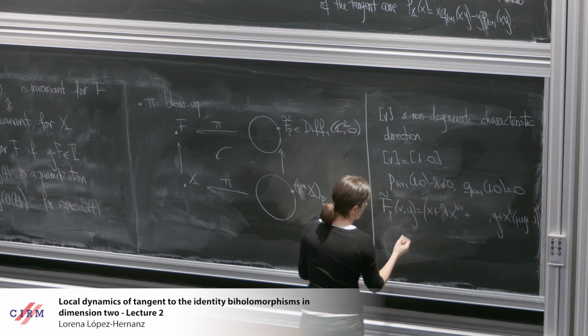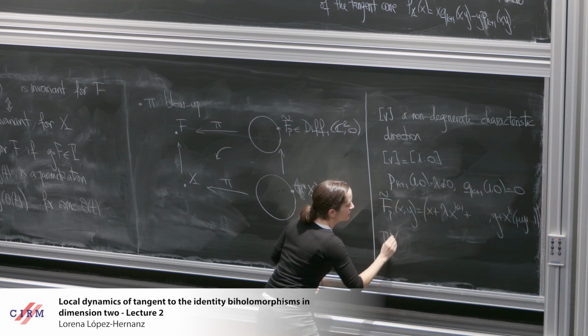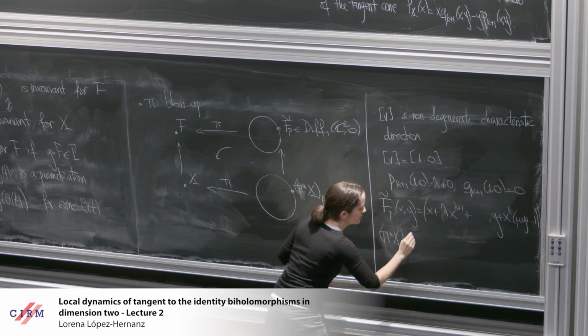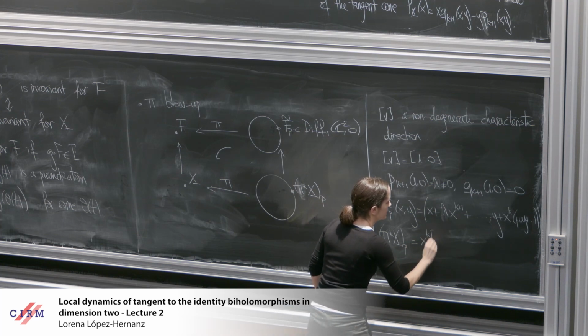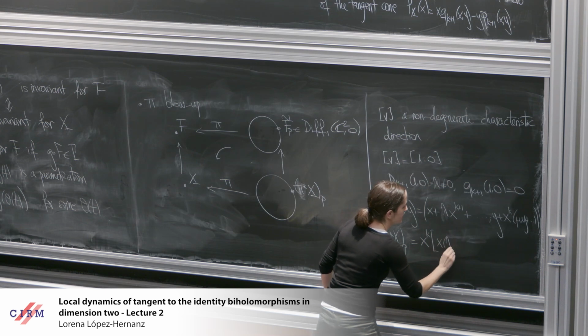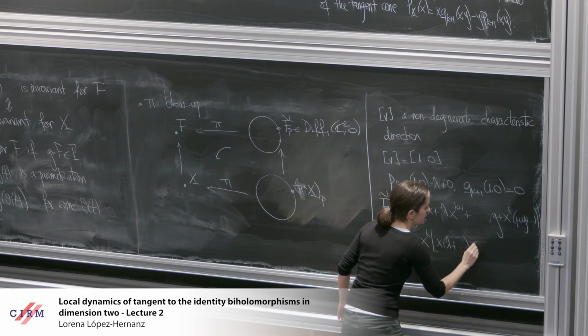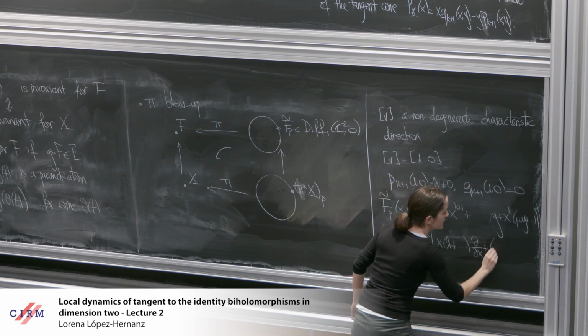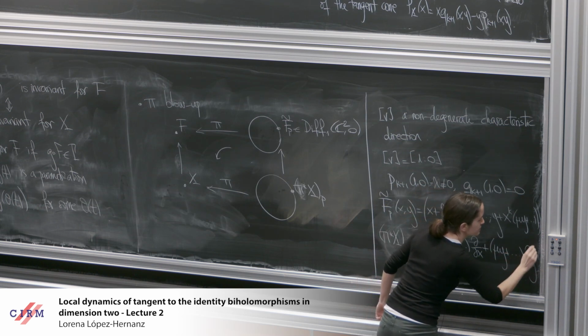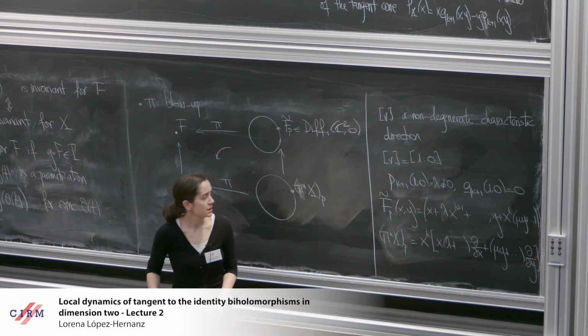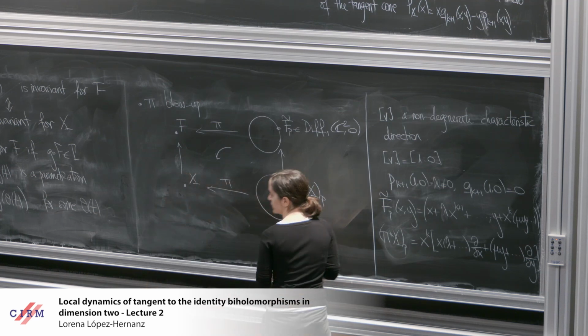Okay, and for the vector field centered at P, we have x^k times (x lambda plus higher order terms) plus mu y plus higher order terms, with lambda different from 0.